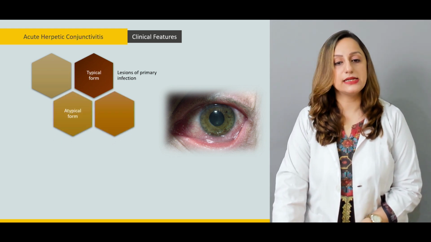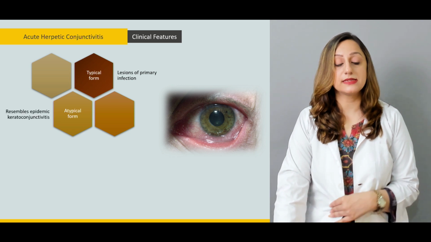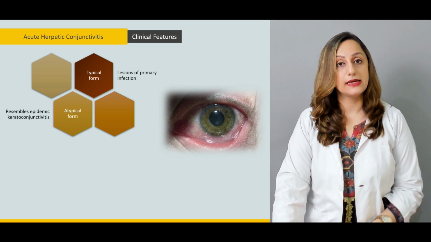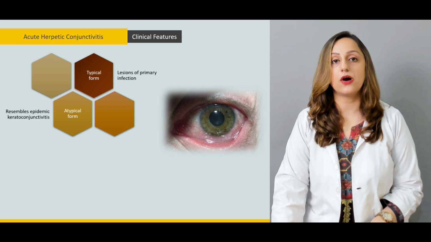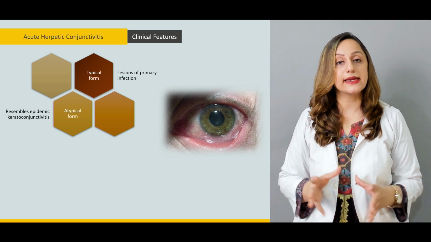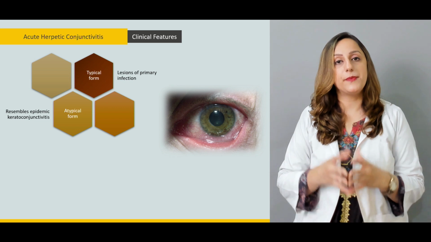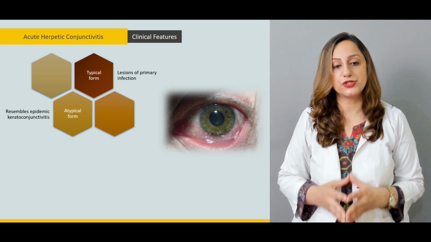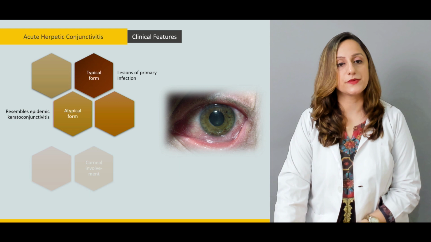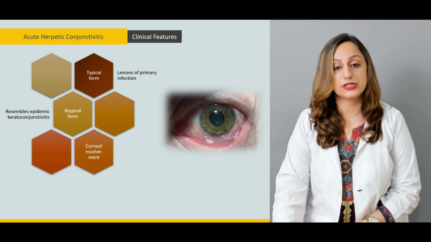And then we have the atypical forms, which resemble epidemic keratoconjunctivitis because they lack the herpetic vesicles seen in the typical forms of acute herpetic conjunctivitis.